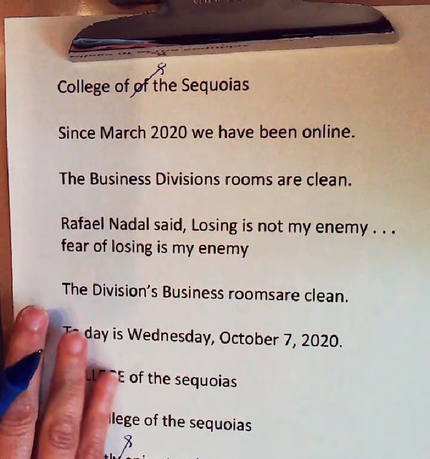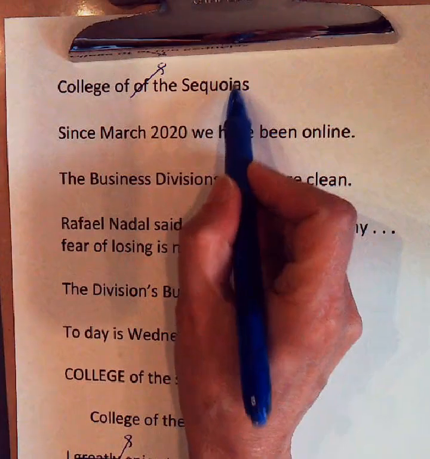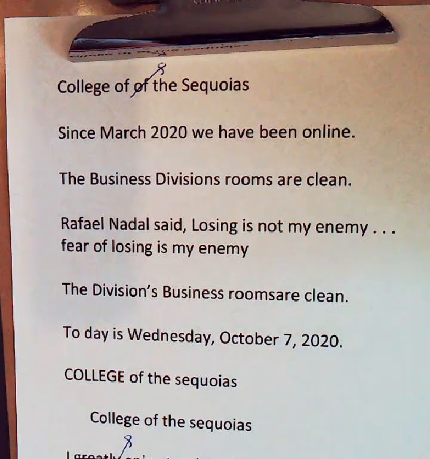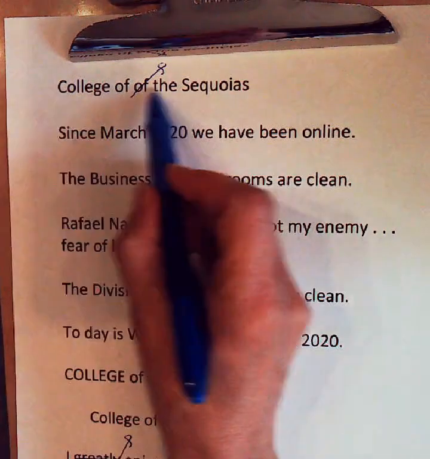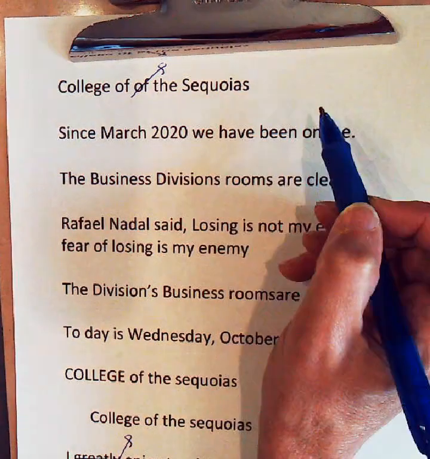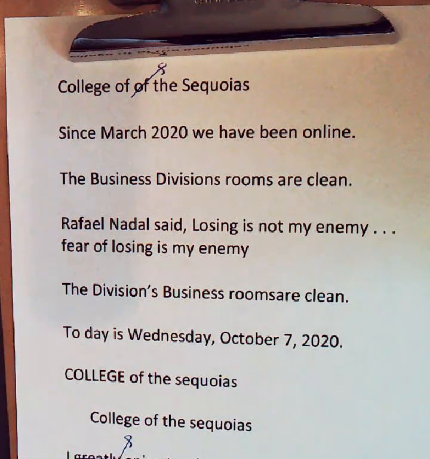So depending on how much I want deleted, it could just be one letter, and I would just put it through one letter. Maybe you put too many I's in Sequoias. It could be a whole line. I could draw a line through a whole line with a delete.